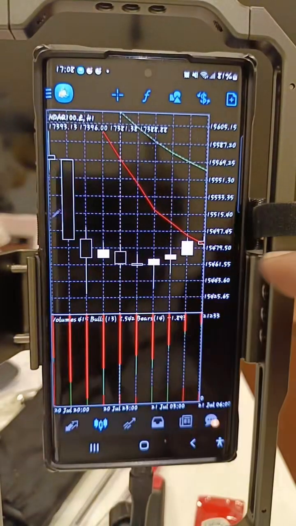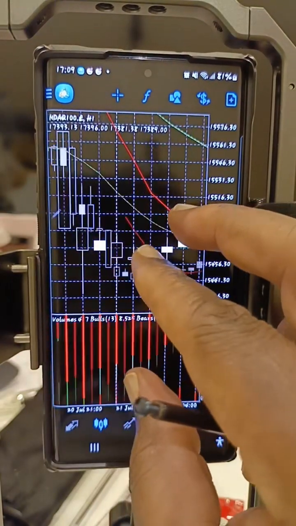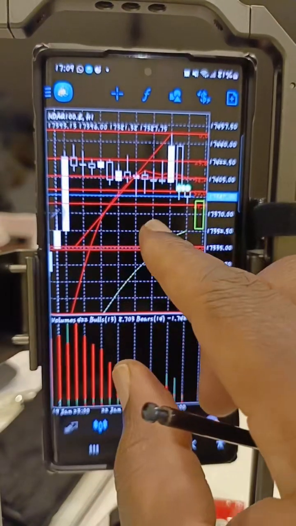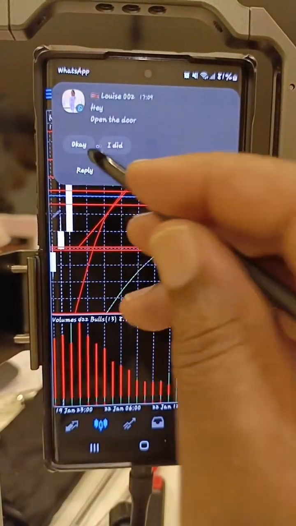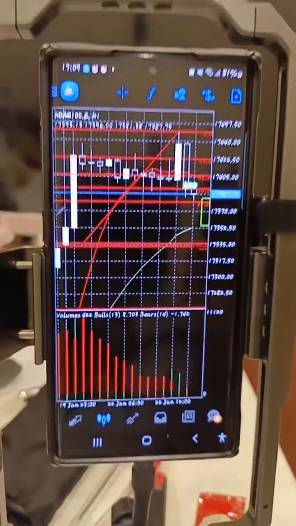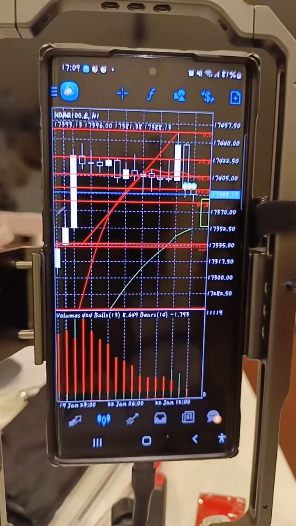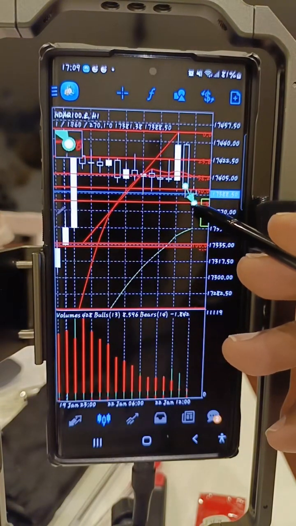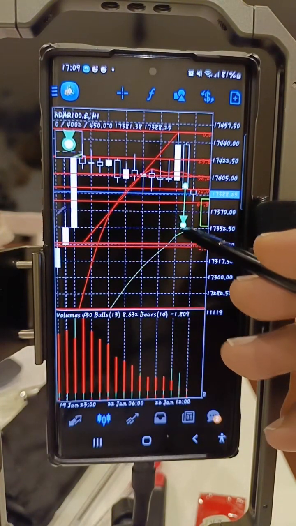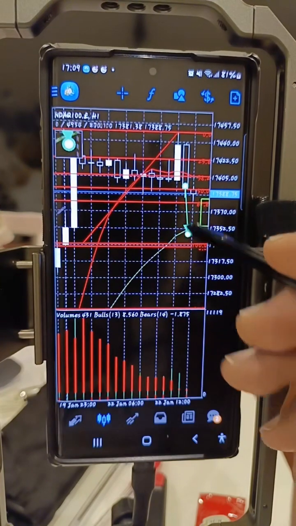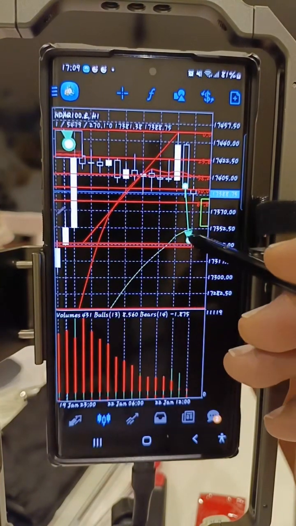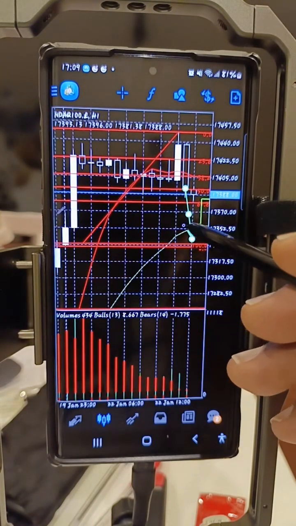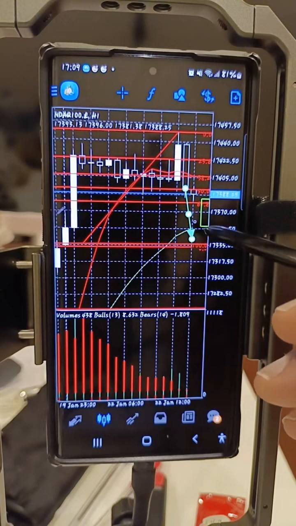Now we're looking at the hour. So if it goes there, I'm looking for it to come nicely here.